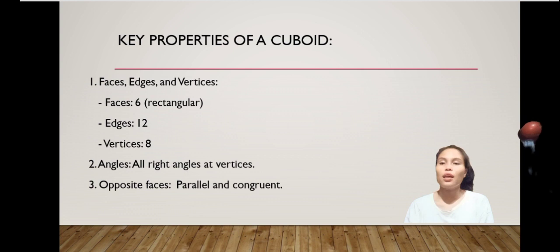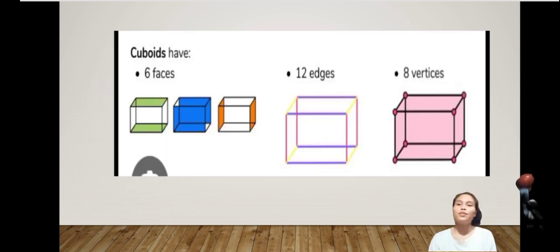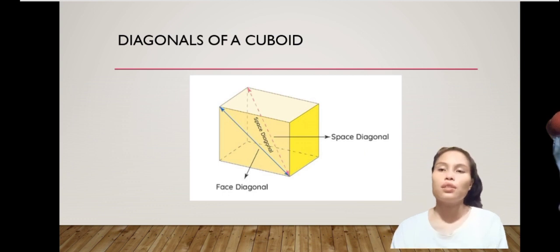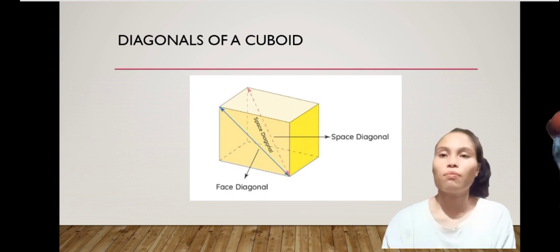Opposite faces are parallel and congruent. Cuboids have 6 faces, that one, 12 edges, that one, 8 vertices, and its diagonals: this one is a face diagonal and this one is the space diagonal.